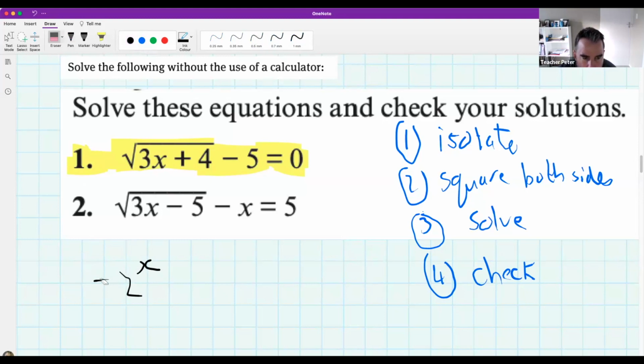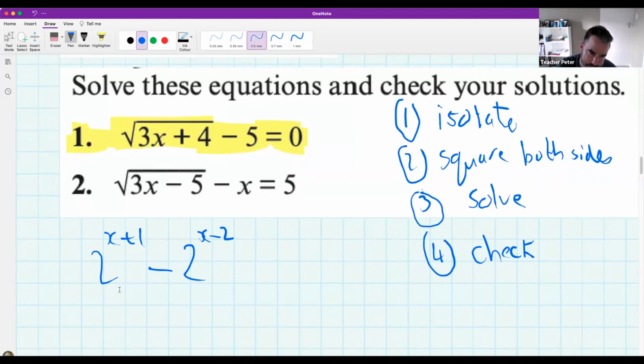It starts with 2 to the power of x plus 1. Then minus 2 to the power of x minus 2. Then it equals 14 root 2.